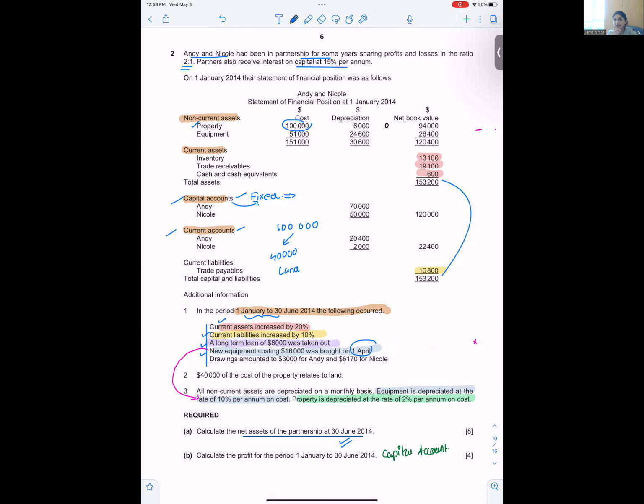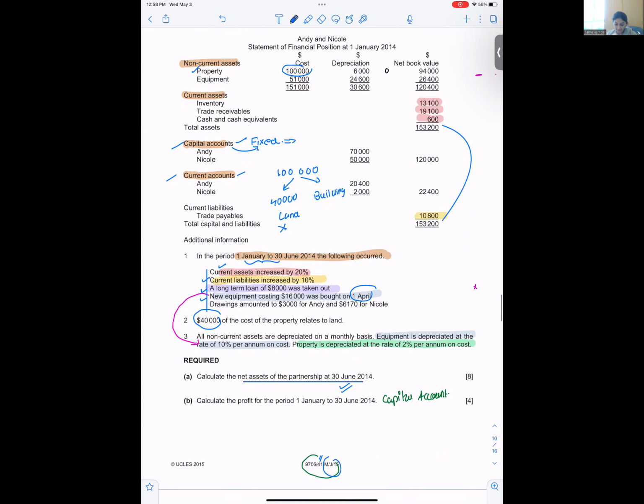The remaining thing will be related to your property. So land is there and the remaining would be building, and land is never depreciated. That is how the breakup of land and building.